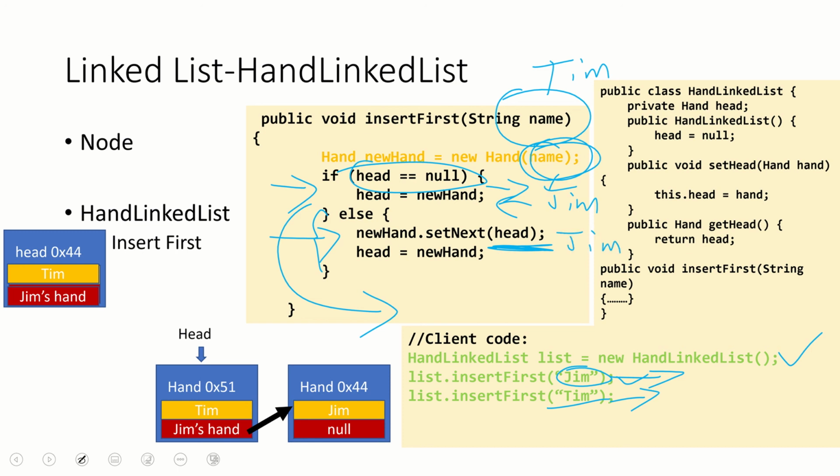So Tim needs to know Jim, only then can he grab his hand. Then we assign Tim as the head. Okay. If you don't understand this, please check the code very carefully and go through it carefully. Okay.